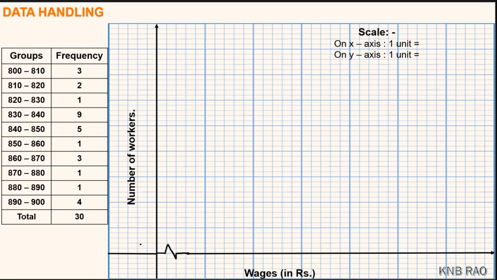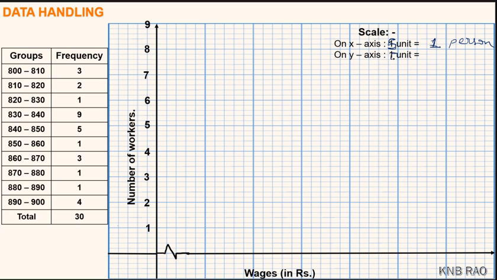See, here I am taking not 1 unit, I will take 5 units as one person. Okay, so that's how I took 1, 2, 3, 4, 5, 6, 7, 8, 9.